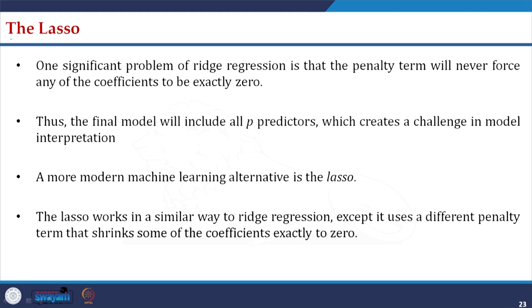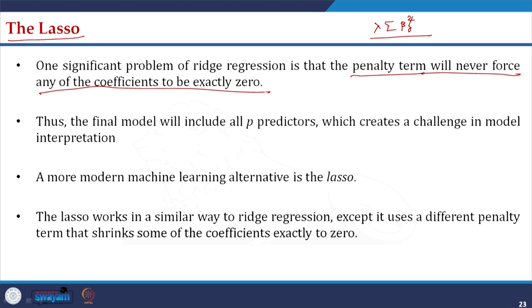Another one is the Lasso regression. If you look at the earlier model, one major problem in ridge regression is that the penalty term will never force any of the coefficients to be exactly 0.